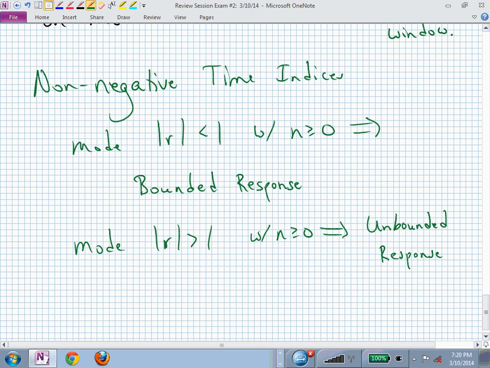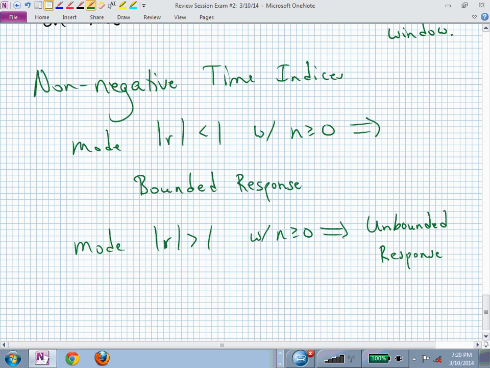So I like to keep away from the unit circle unless I'm trying to create an oscillator, because I could have a bounded input and an unbounded output with something on the unit circle. So I like to just make the inequality strict, and then it's clean.